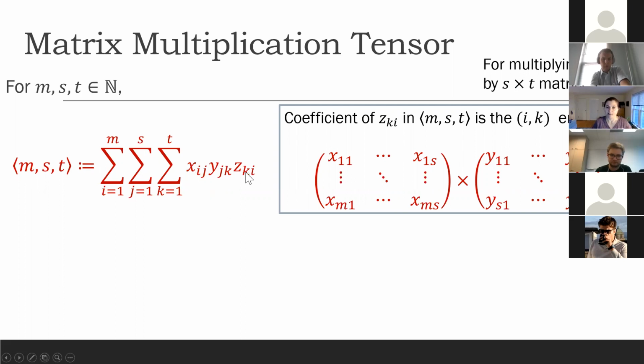Why did I write ki here and not ik? That's because it has a rotational symmetry that's actually useful. But z_ki's coefficient is just the ik entry of x times y. All right, so this is matrix multiplication.